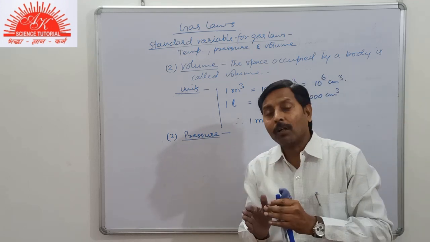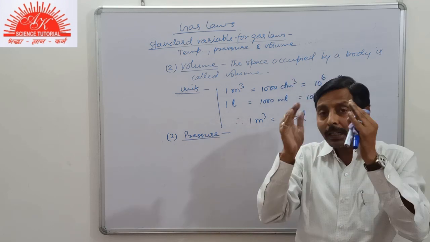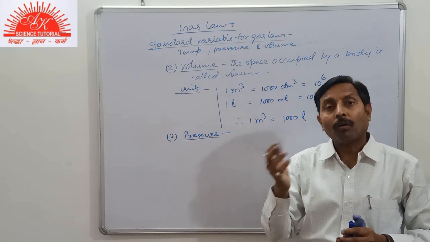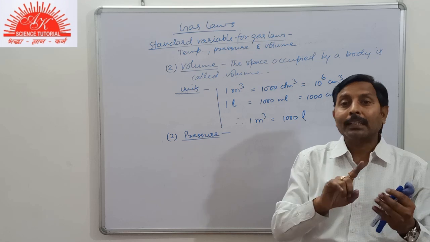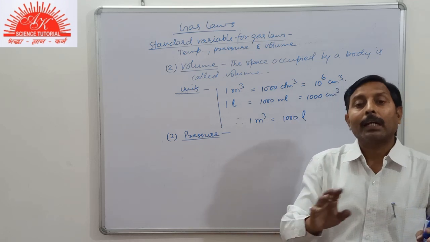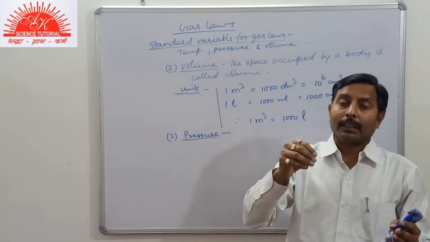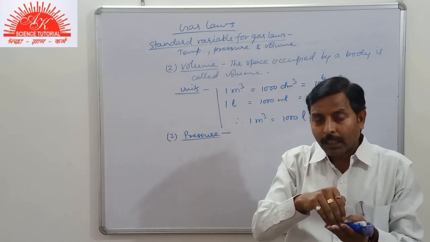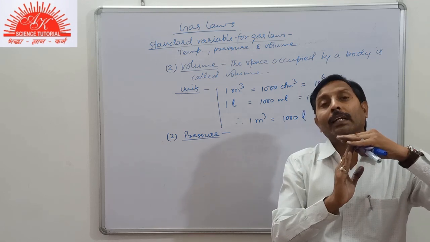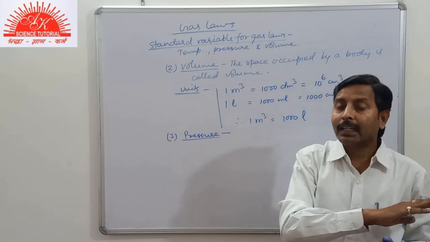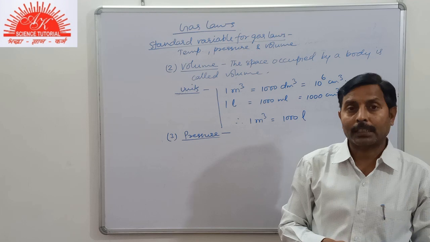The average number of molecules colliding with the wall on unit area of the wall always remains constant. Therefore, we say that gases exert equal pressure in all directions. Whether the pressure is asked at the bottom of the container, on the side, or on the lid from inside, in all directions it will be the same at a given condition.